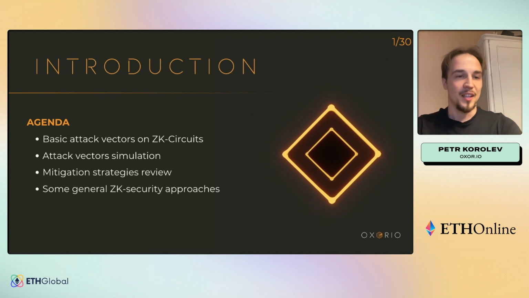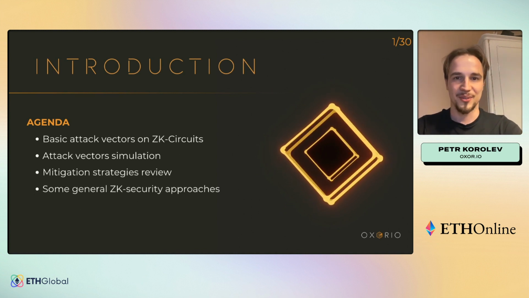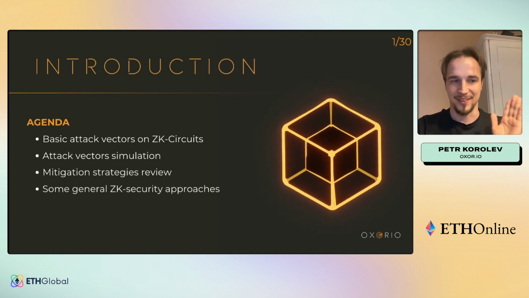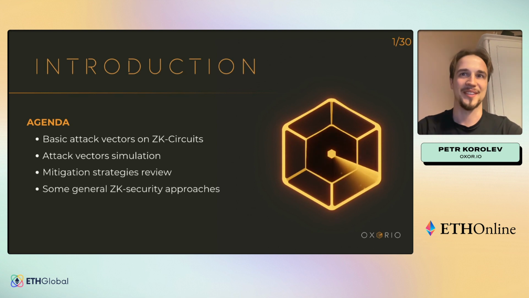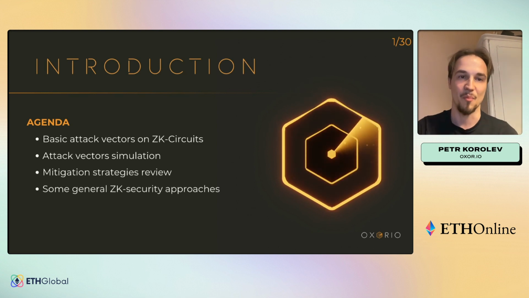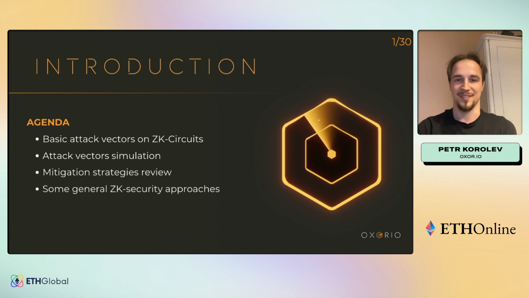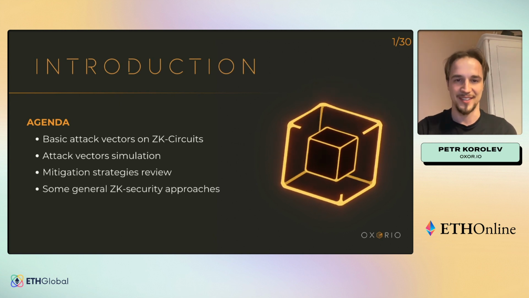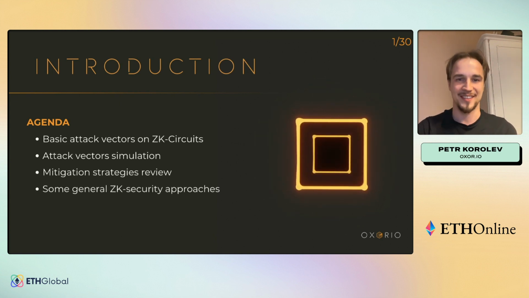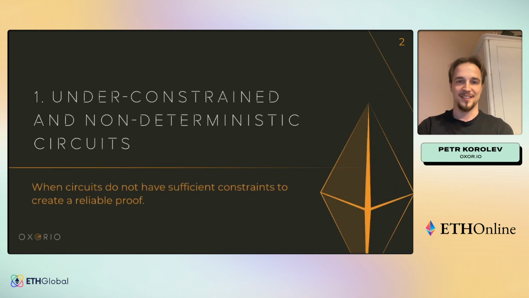Okay, I would like to start, and I will give the talk to Lev. We will start from the most basic attack, which happens to every beginner, because ZK circuits are very different from Solidity or other things.